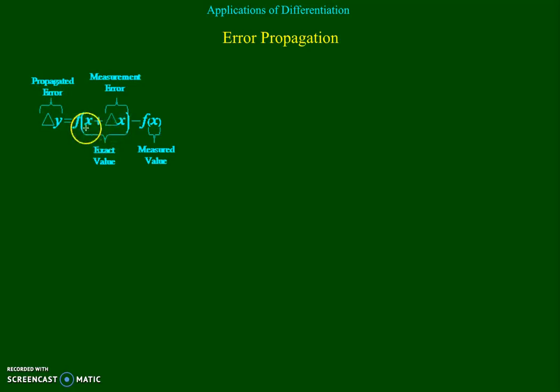This x plus delta x is the actual exact value of our target item, whether it be a manufactured part or something of that nature. And this delta x becomes a measurement error, because we can only measure as well as the instruments we're using to measure. And this x value that we plug into f of x is our measured value.